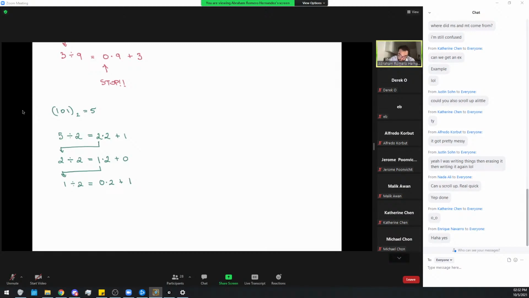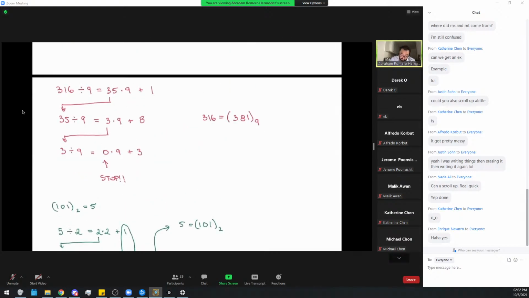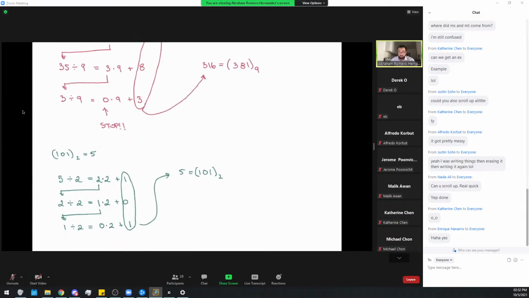And notice that we get back 1, 0, 1 base 2. Any questions so far? Pretty straightforward.